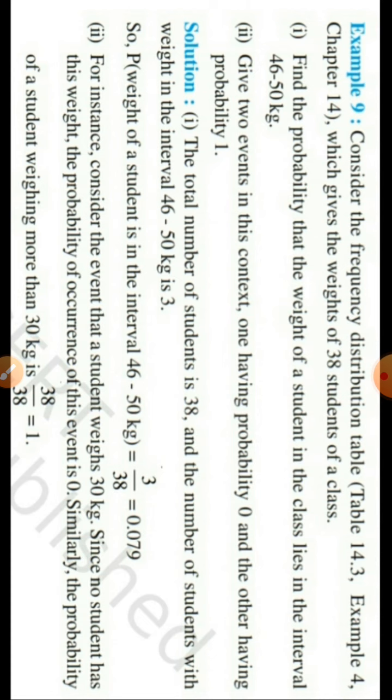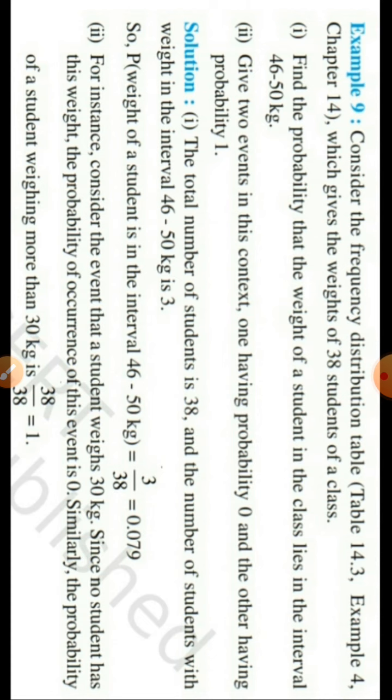How to write? Whatever I speak, those lines you have to write. First of all, I can write: let A be the event that, then I will copy from the question only. Look at number 1: the weight of a student in the class lies in the interval 46 to 50 kilogram.